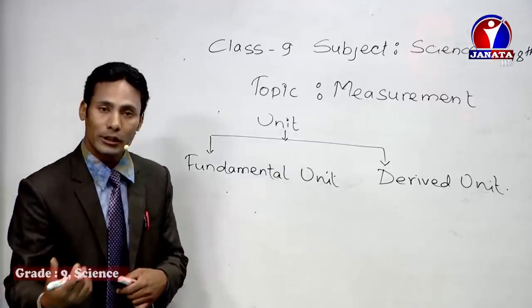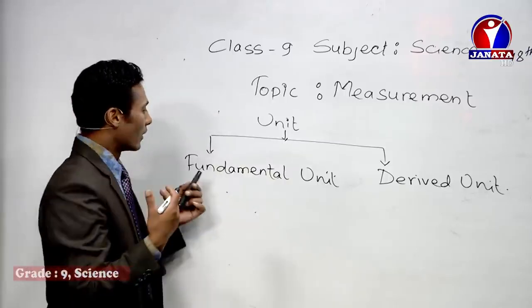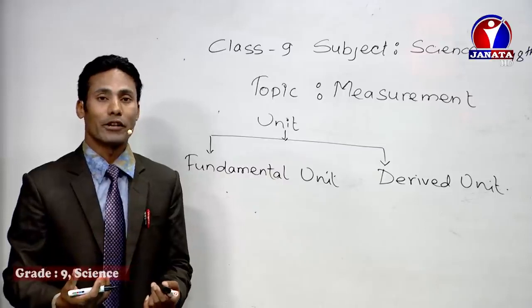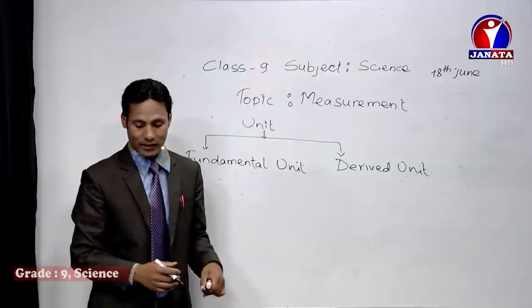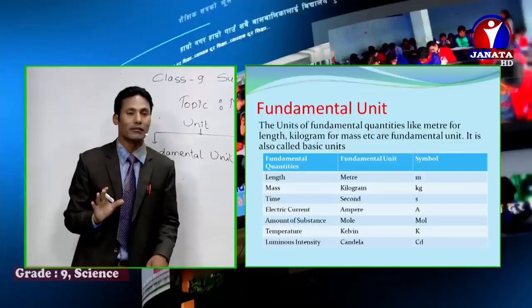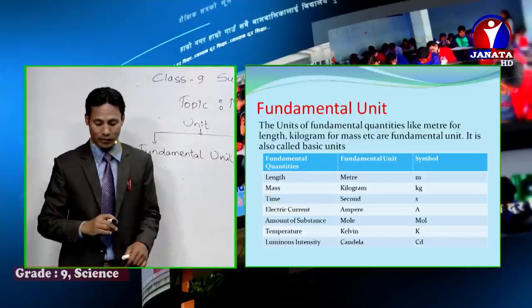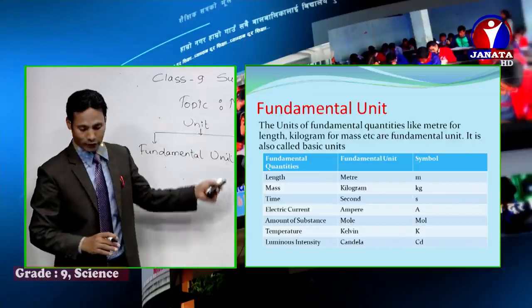Similarly, kilometer, and the kg, kilogram, is also a fundamental unit. Second is a fundamental unit. Ampere is a fundamental unit, right? Similarly, there are 7 fundamental units we need to discuss. You can see on the screen the 7 fundamental units.